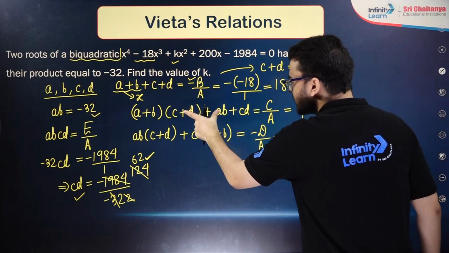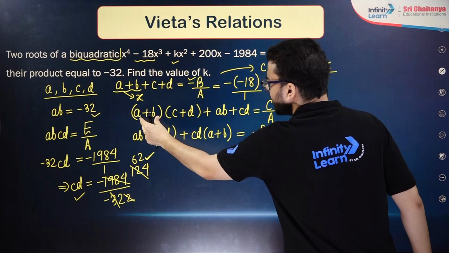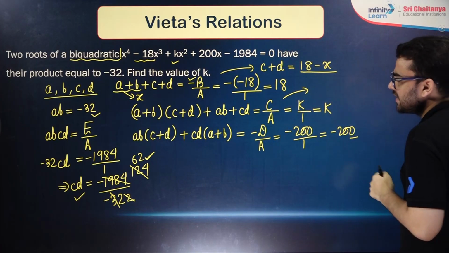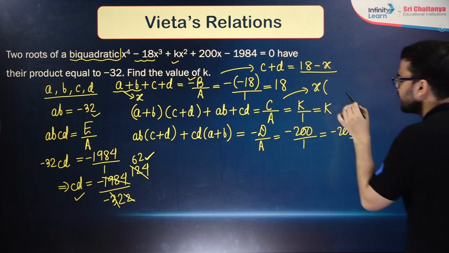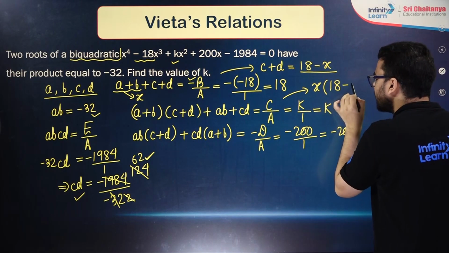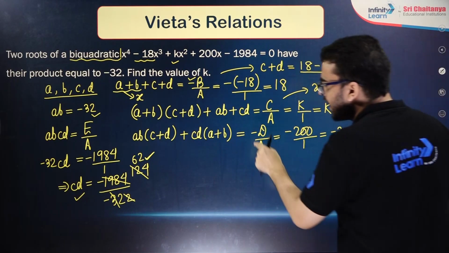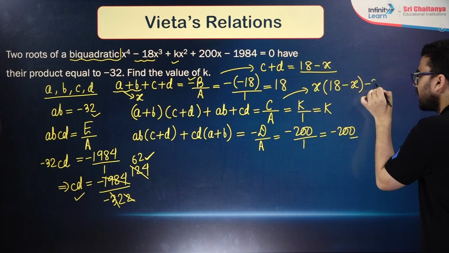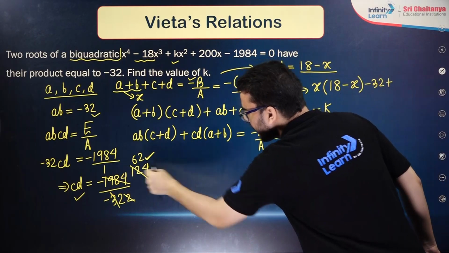So if you see this portion over here, A plus B is X, and C plus D is 18 minus X. I hope that is clear. And AB is basically minus 32, and CD we have got 62.